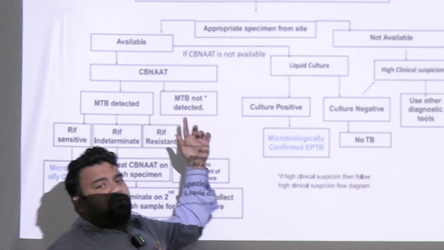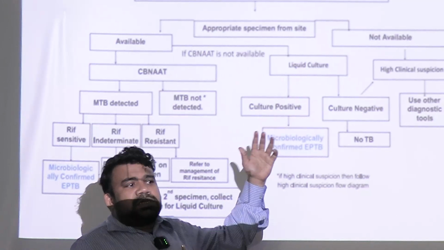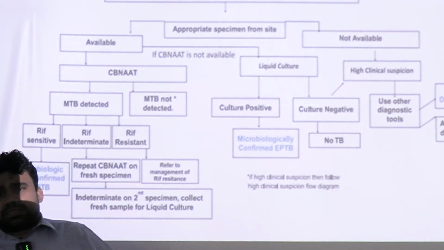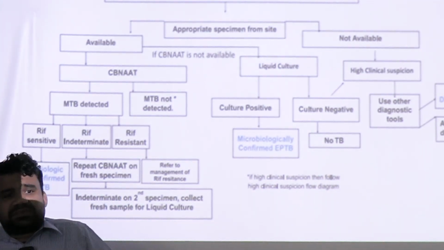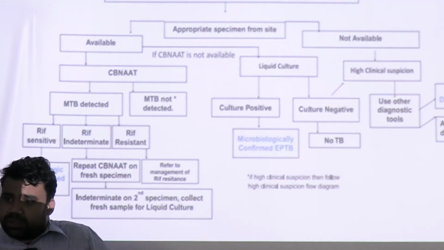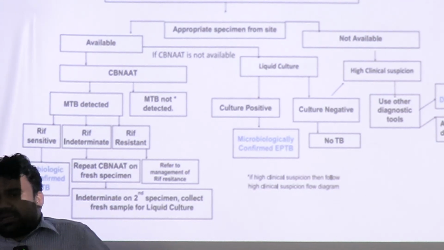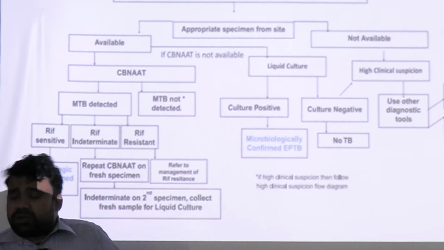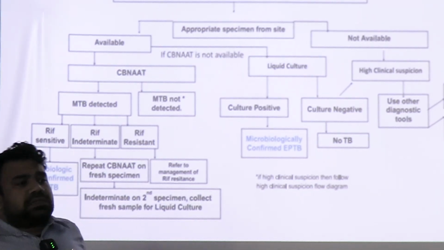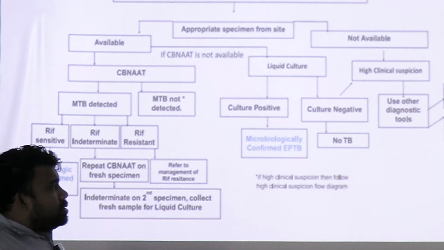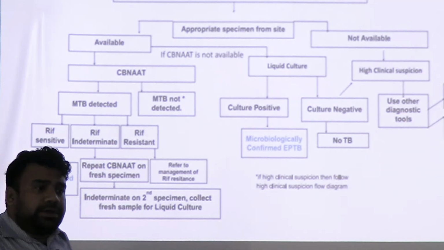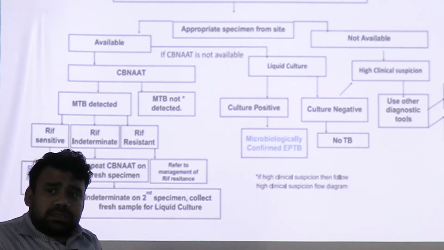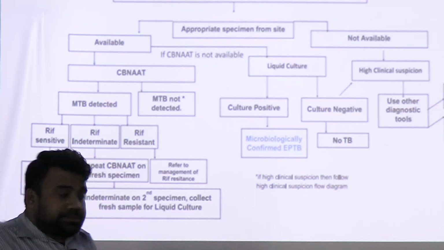If we cannot perform the molecular test, then the only test that remains is the classical culture and sensitivity testing, either by liquid culture or solid culture. And many a time we will fail to do either of them. In that scenario, we have to treat the patient as clinically diagnosed extrapulmonary tuberculosis, provided we have ruled out other possible causes.